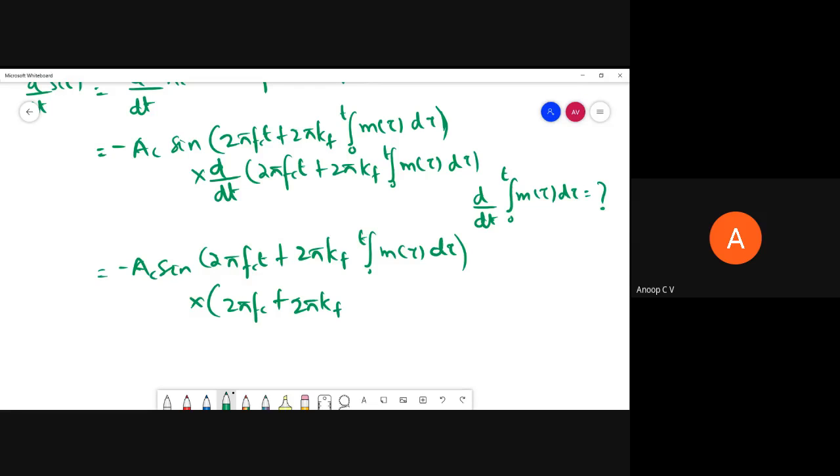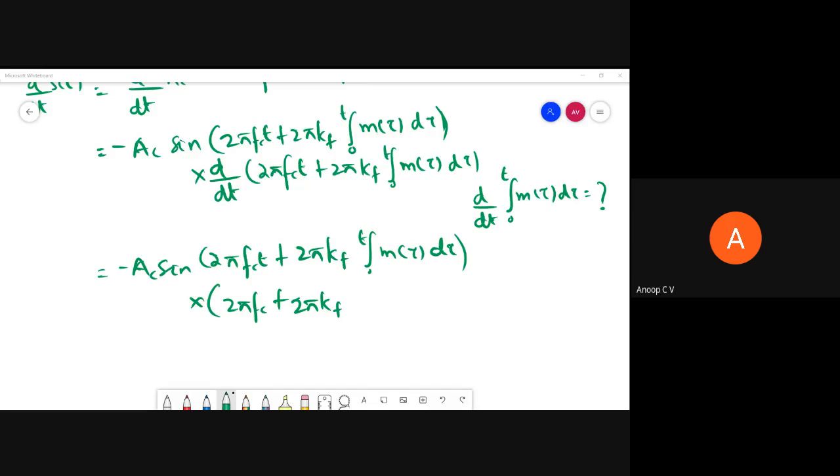What is this? Can anyone tell me what the derivative of an integral is? My question is, what is d by dt of integral 0 to t m of tau d tau? No answer. It's surprising, it's a very simple question.